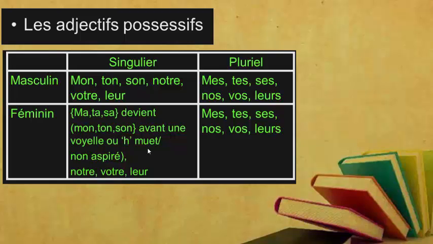Okay? Ma, ta, sa, we use them for the feminine singular nouns that start with a consonant, like when you say ma gomme, ma règle, ma trousse. But you don't use them with the singular feminine nouns that start with vowels. Okay?